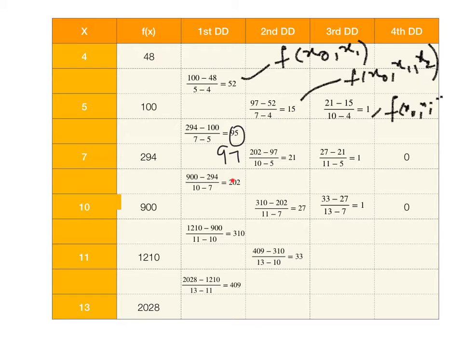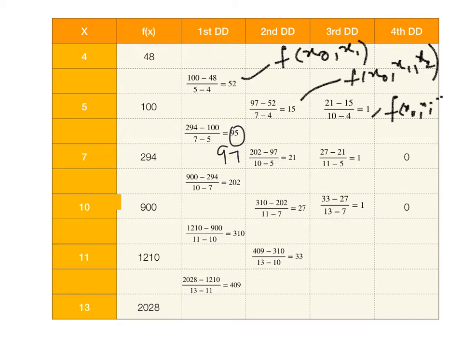Next 202 minus 97, since it is the second entry, take the second entry, skip next, you take 10 minus 5. Likewise, skipping one term in the middle, you continue this second divided difference column.